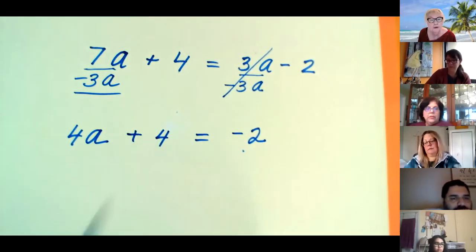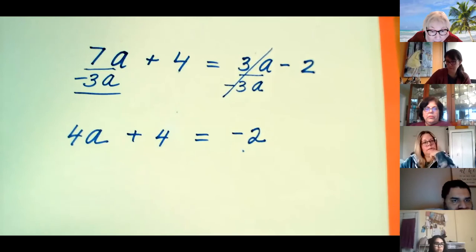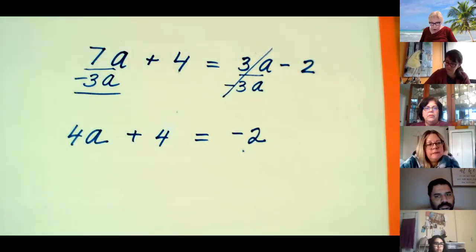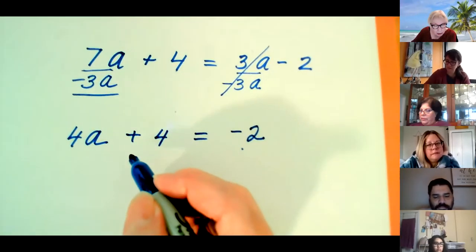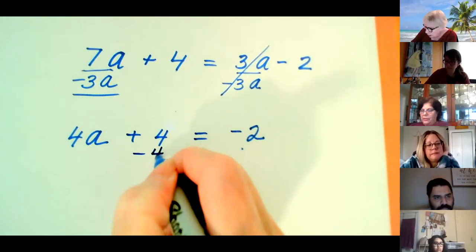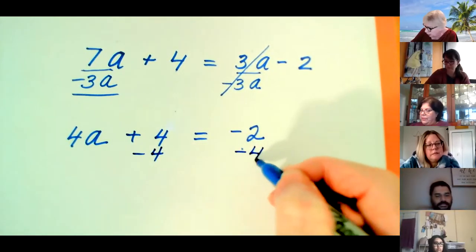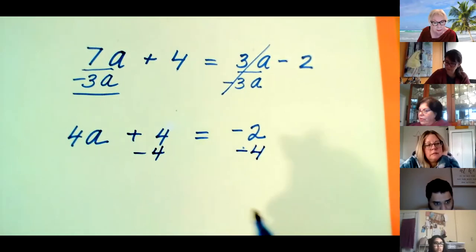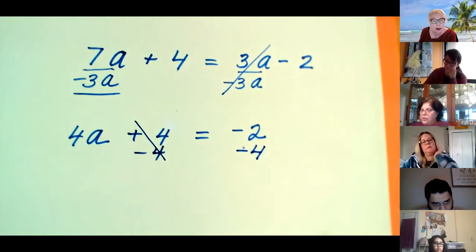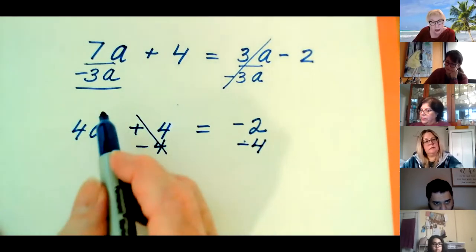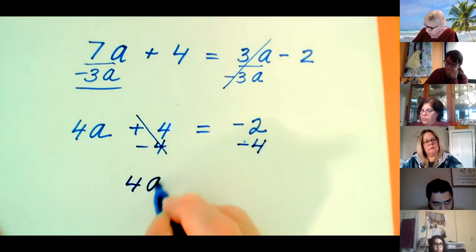Which of these two 4s do I get rid of first? Just the whole number, the +4, exactly right. This is subtract 4, and then I better come over here and do the very same thing. The +4 minus 4 is 0. We can just take that out of the picture, and I'm left with 4a.